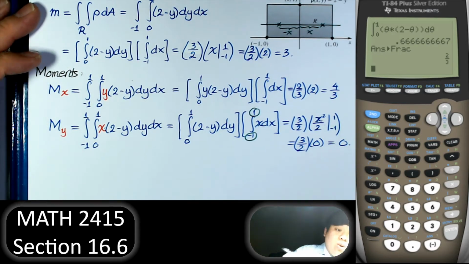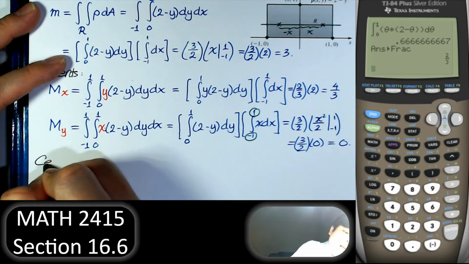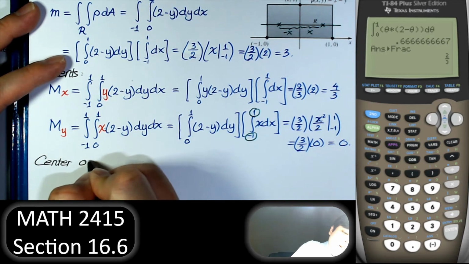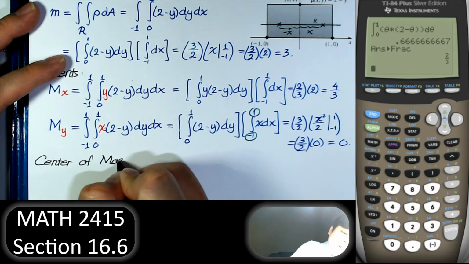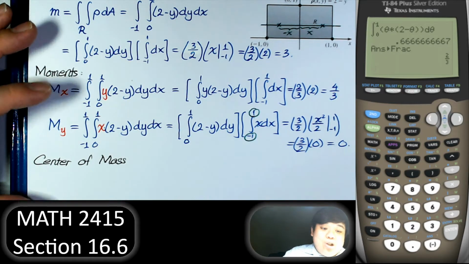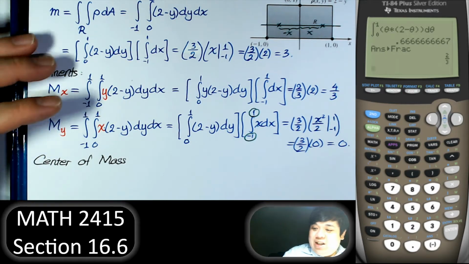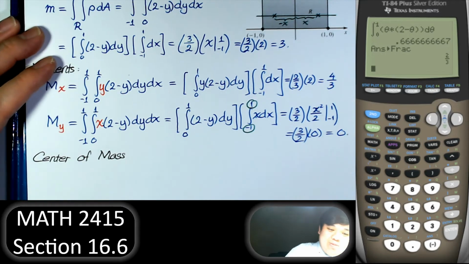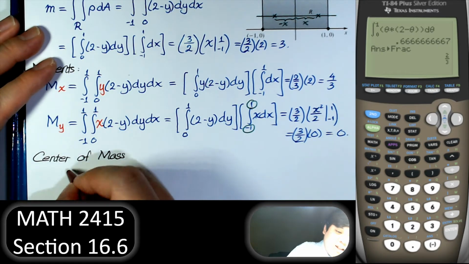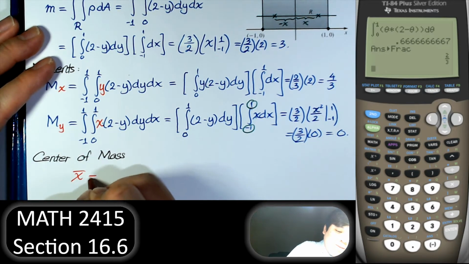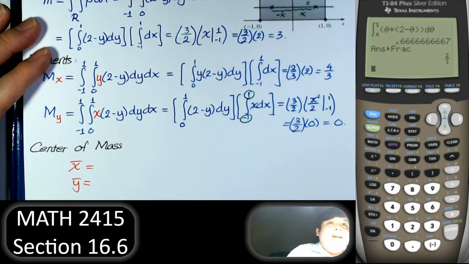So we calculate the mass, we calculate the moments. Now just the center of mass. As mentioned before, this should be the first example. That would make it a lot easier. It's just a point of the concept.